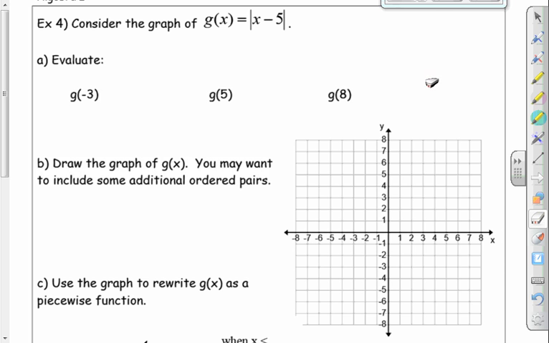So in this example, we're given that g of x is equal to the absolute value of x minus 5, and we're asked to first evaluate for 3 input values, -3, 5, and 8.